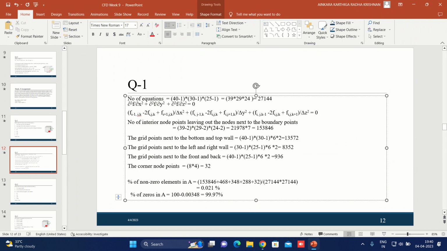So it is 13572 plus 8352 plus 936 divided by 12, 1905.